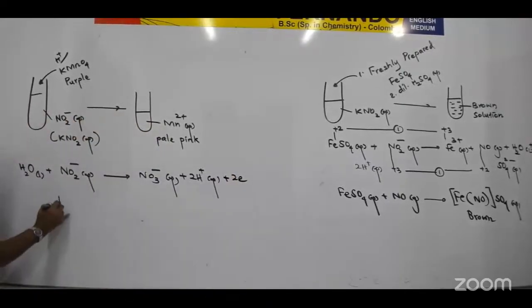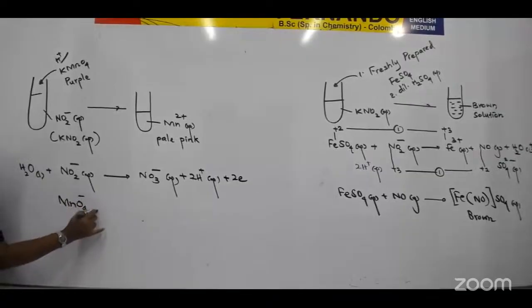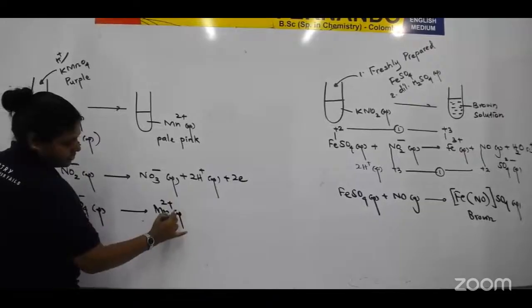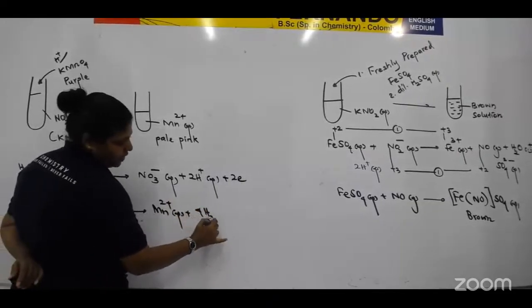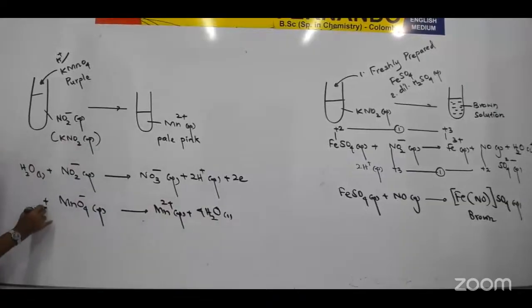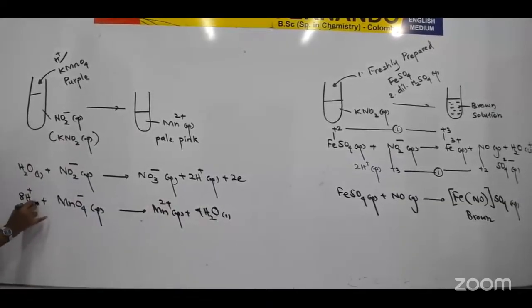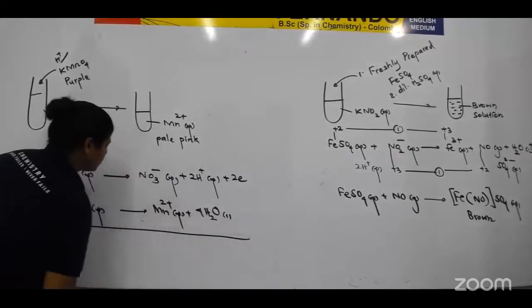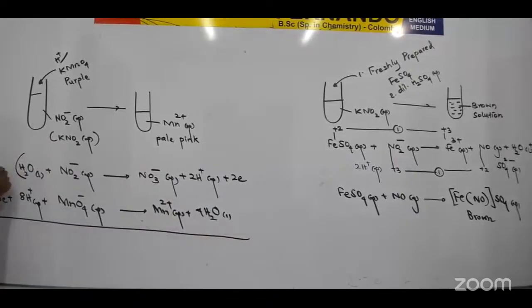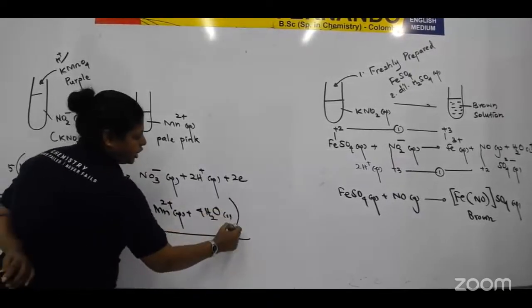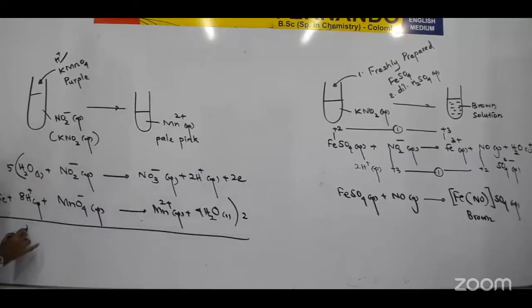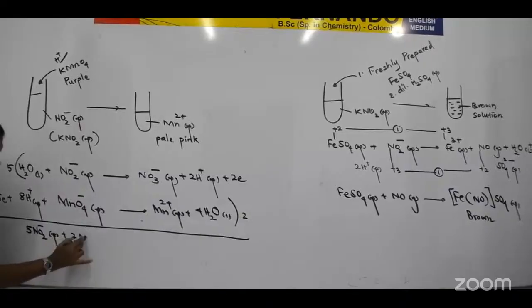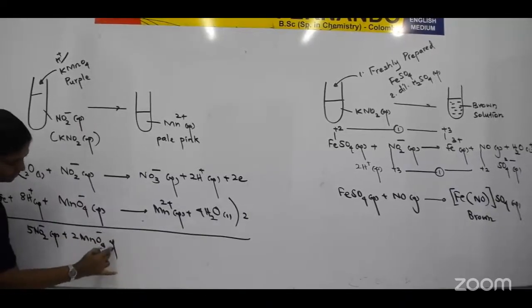Then as in the previous example, purple MnO4 minus goes to pale pink Mn2 plus plus 4H2O, liquid, with 8H plus and 5 electrons. To get the balanced reaction, multiply this by 5, this by 2: 5NO2 minus, 2MnO4 minus.